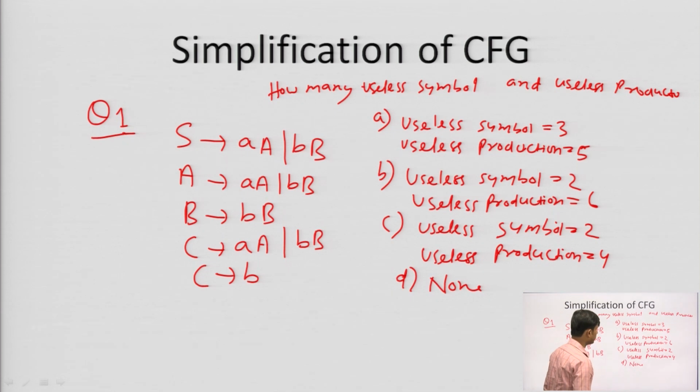Can you identify which option is correct? In GATE, this type of question comes most of the time. So, which production is a useless production? Let me modify this grammar, you can check which one is correct.